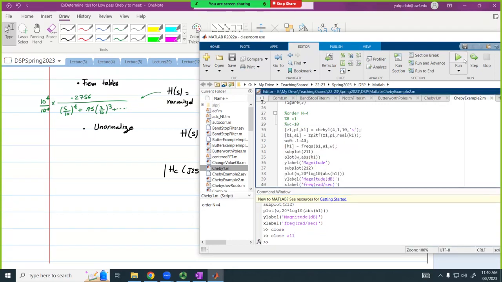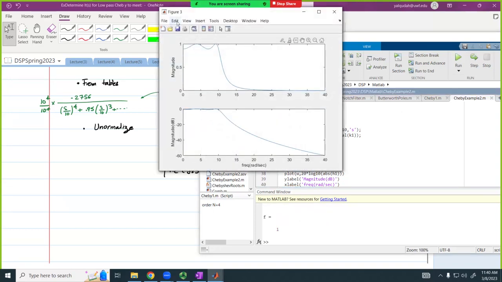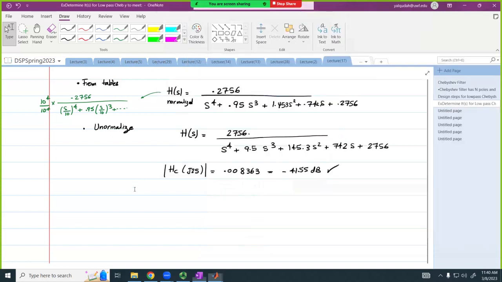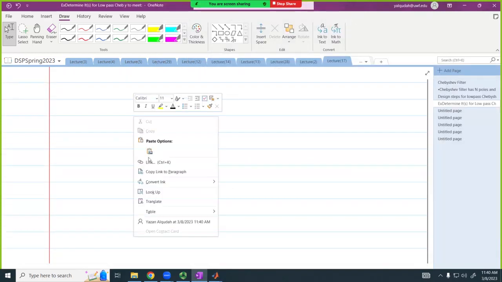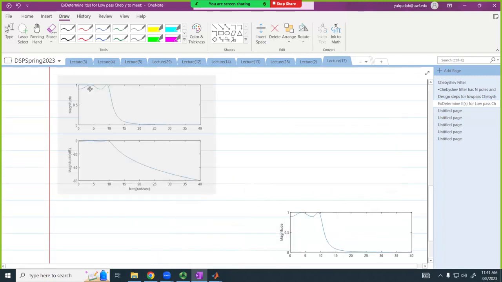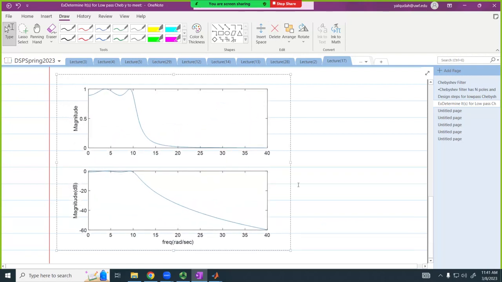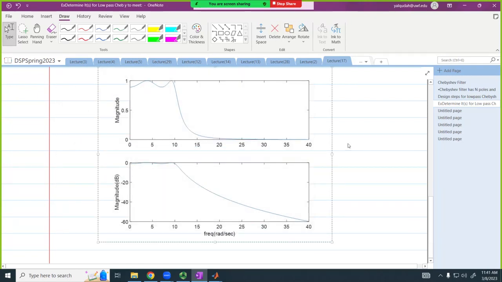So if you look, this is our filter that we just designed. What order is this filter? It's 4.